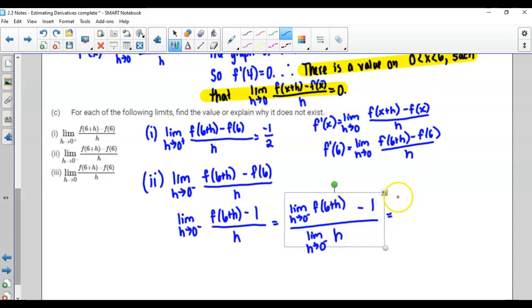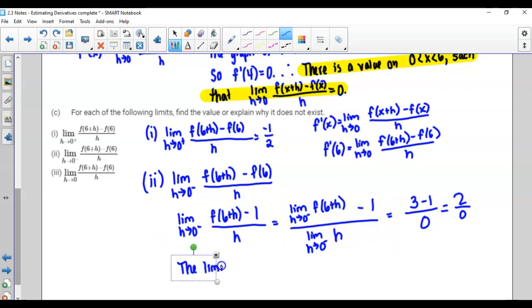And so the limit in the numerator is 3, the 1 here is just 1, and then you'll have a 0 in the denominator. So this is 2 over 0. So what we'll say here is that the limit does not exist.